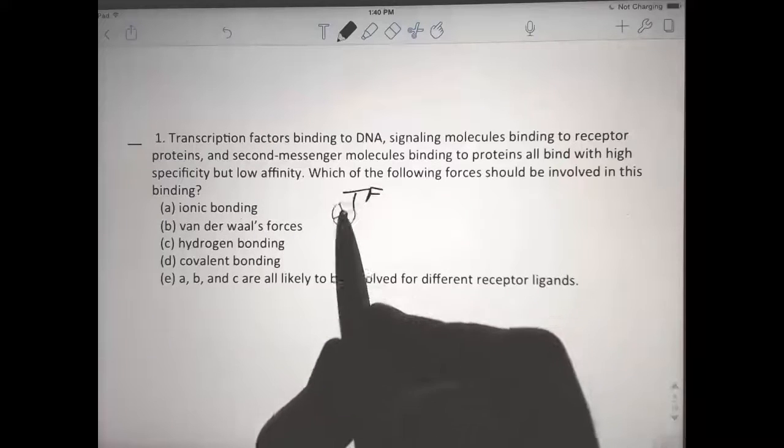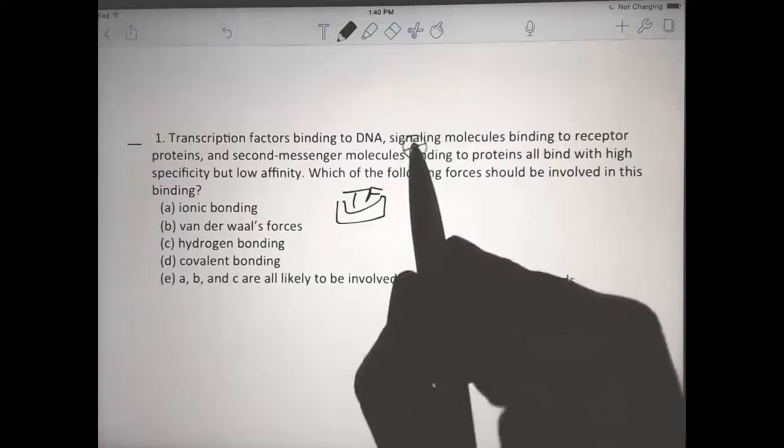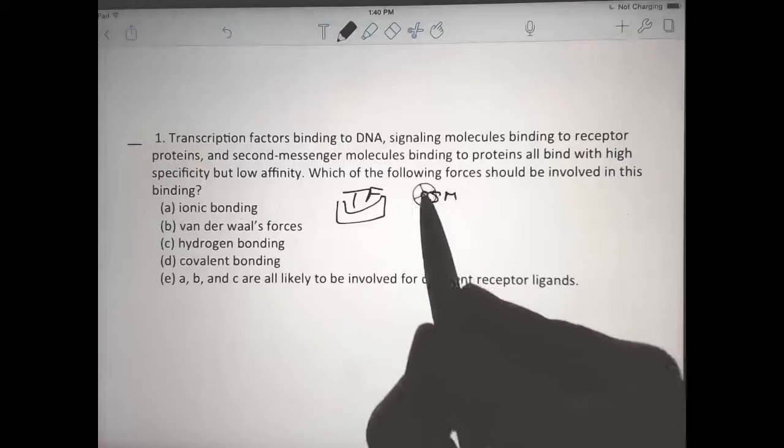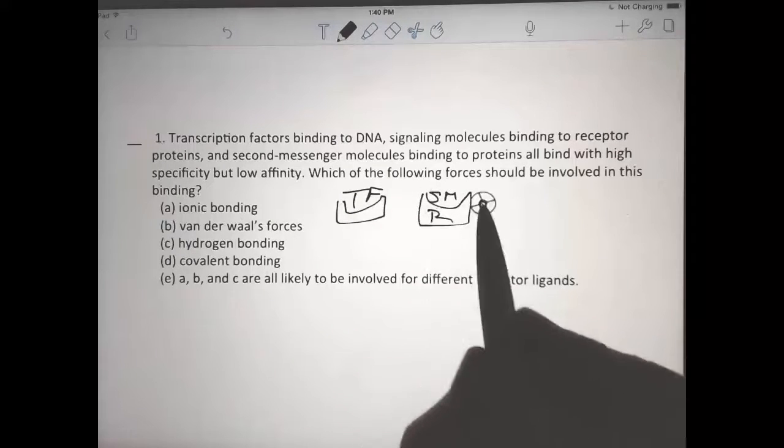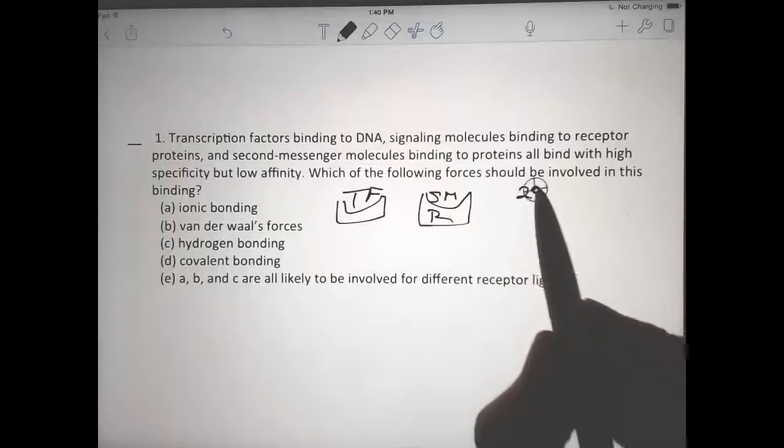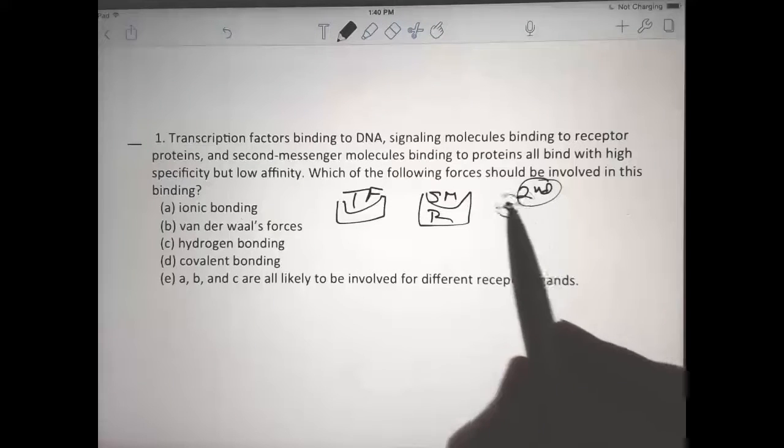So I'll be showing you sketches that I would make if I was being very detailed. You can choose for yourself how much detail you want to add. I'm skipping things I remember. I didn't draw the DNA under transcription factor.